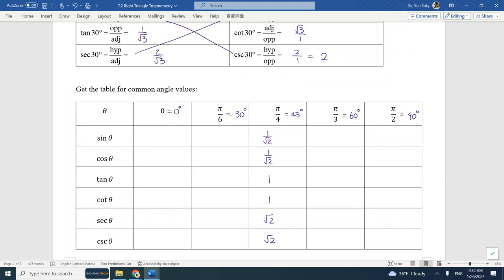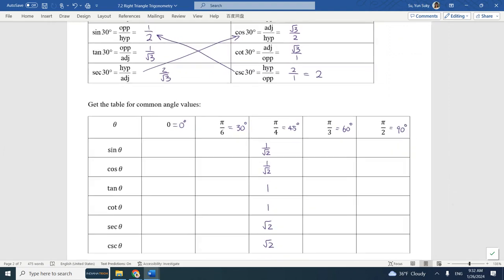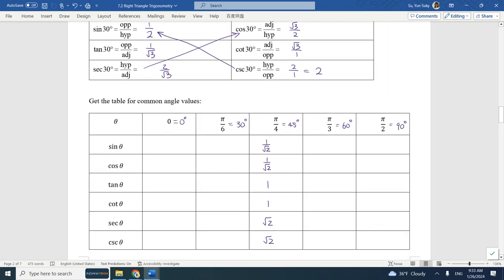All right. How about 30 degree? We'll just go back here. What's sine 30 degree? 1/2. And then root 3 over 2. Tangent is 1 over root 3. Cotangent, root 3. Secant, 2 over root 3. Cosecant, 2.